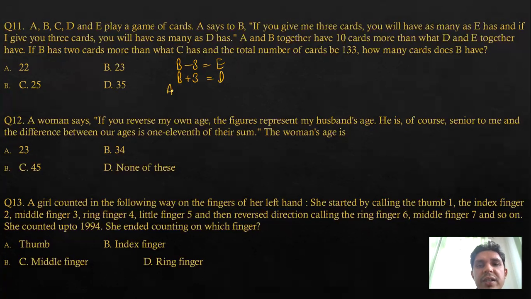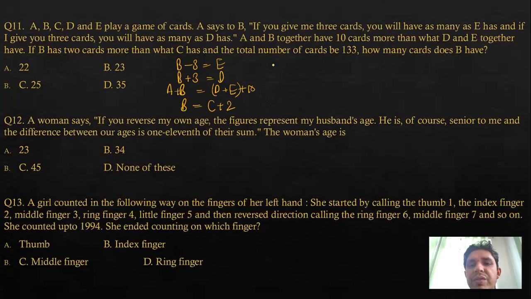A and B together have 10 cards more than D and E. So this can be written like this: D and E plus 10 cards. If B has 2 cards more than C has, we can also write that.